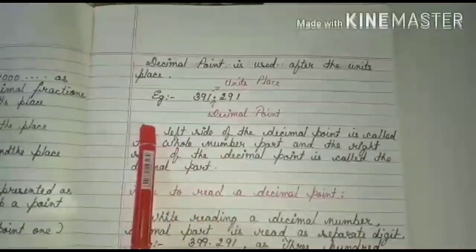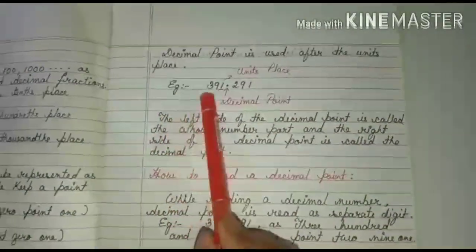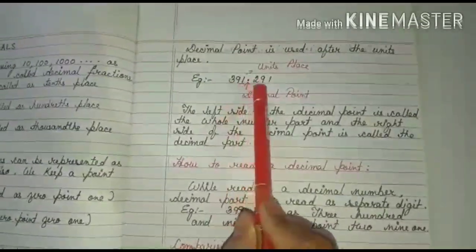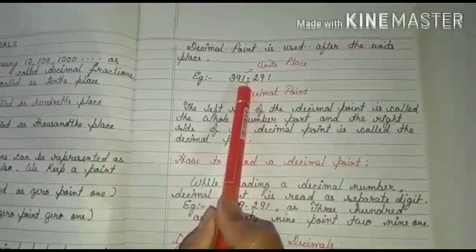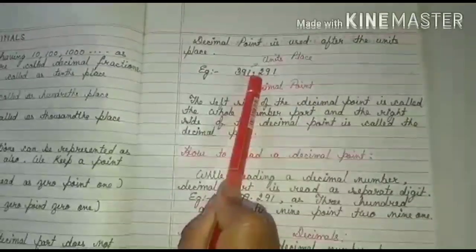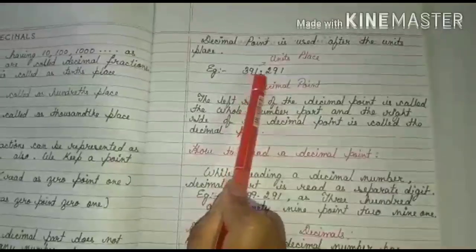Decimal point is used after the units place. Let's see the example, 391.291. Here the decimal point is used after the unit place. That means the number in the unit place here is 1, and the decimal point is used after this unit place, that is, after 1.